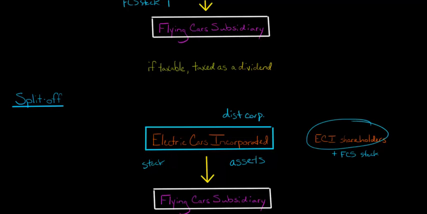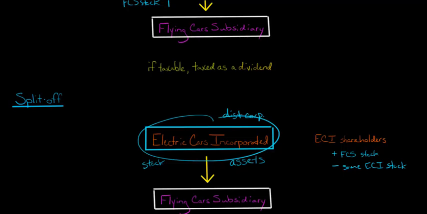They're giving that to the shareholders, but the shareholders are exchanging some of their ECI stock, not all of it, for FCS stock. So the net effect is that the ECI shareholders are giving up some of their stock in Electric Cars in exchange for stock in this subsidiary.